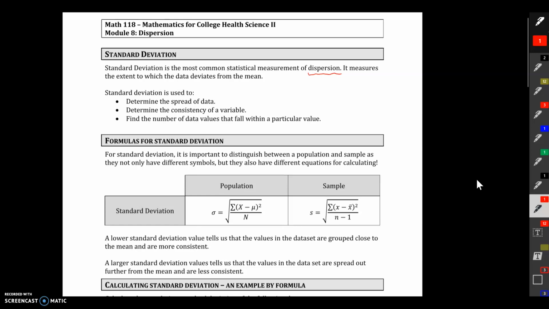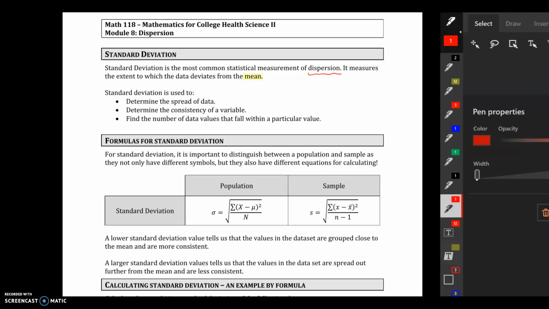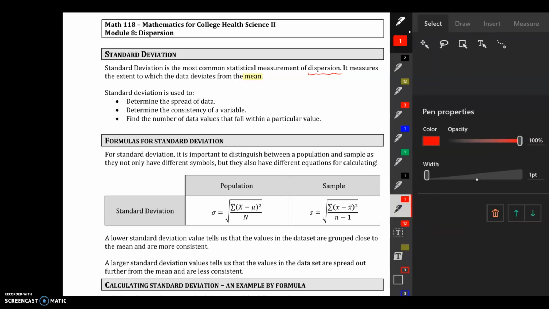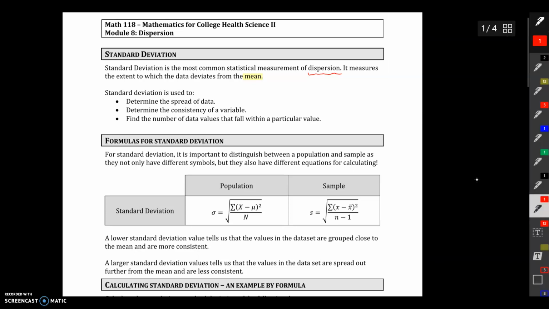What is standard deviation? Again, it measures how far our data is spread out, particularly relative to the mean. It's measuring average distance in some ways from the mean. Now, we talked about the importance of having the right symbol when we introduced mean in statistics.